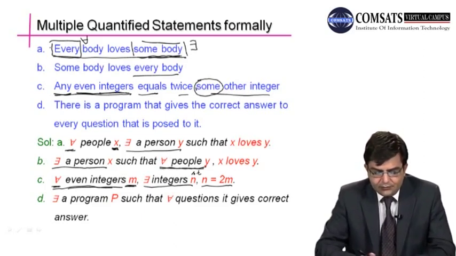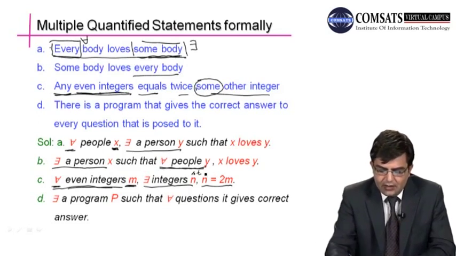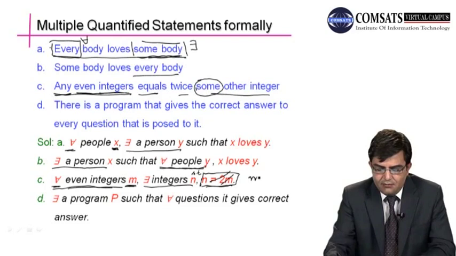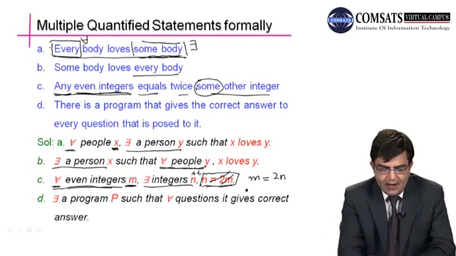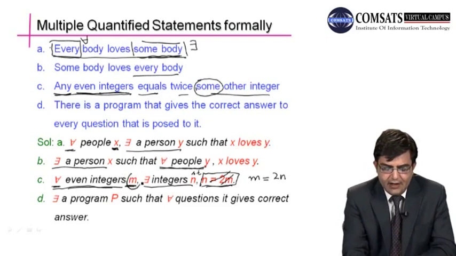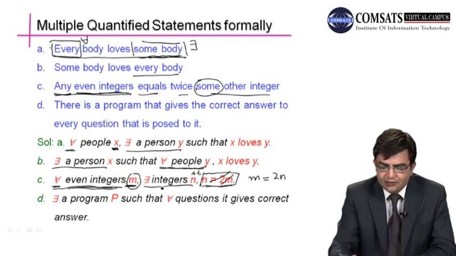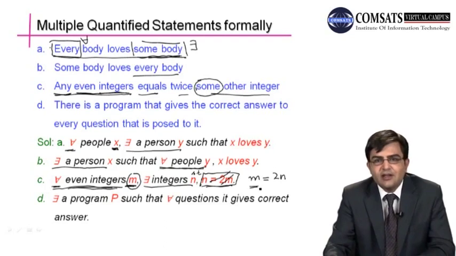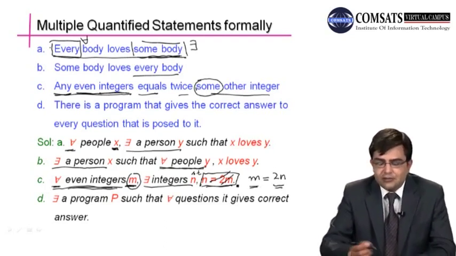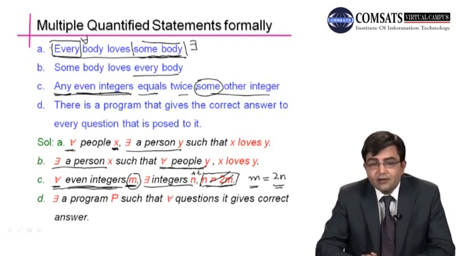So I think there is a mistake here. I should write m is equal to 2n, because we have supposed m to be an even integer, which can be written in the form of a multiple of 2.